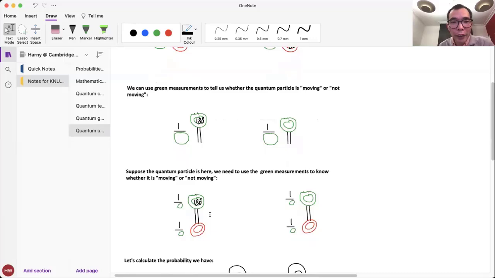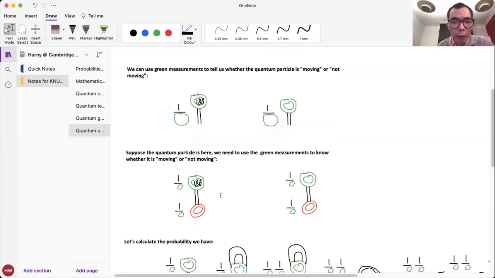Because we don't know, we want to see the probability, right? Because once you do the measurement, there is a probability for the outcome. So we need to use these two measurements to measure the given state.